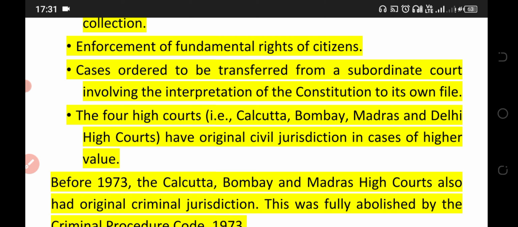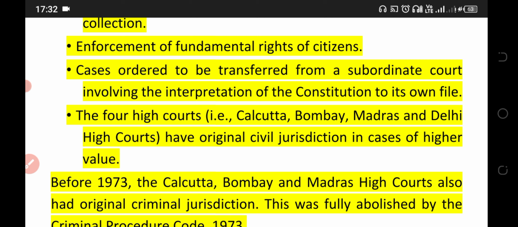Cases ordered to be transferred from a subordinate court involving the interpretation of the Constitution to its own file. The four high courts, Calcutta, Mumbai, Madras, and Delhi, have original civil jurisdiction in cases of higher value.